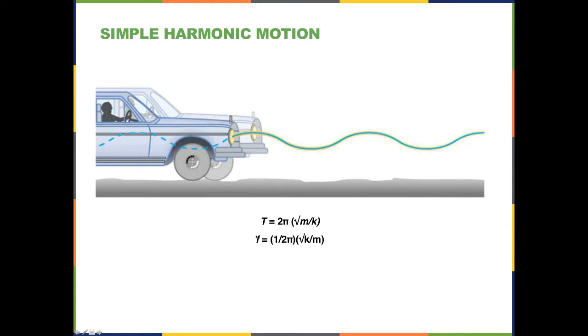Obviously the frequency is 1 over that, so it would be 1 over 2 pi, and then these would be reversed. The easiest way to do it is to calculate the period and then take 1 over that as the frequency rather than doing this big calculation.